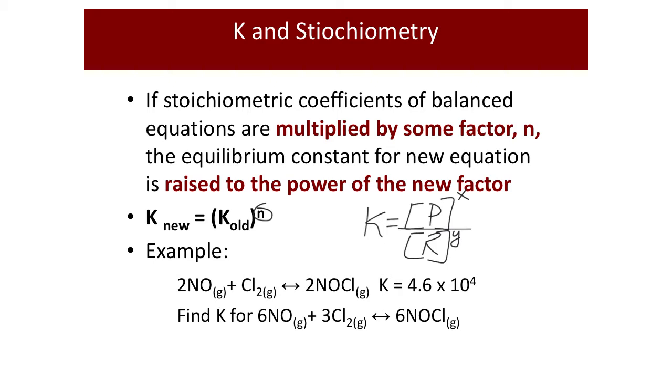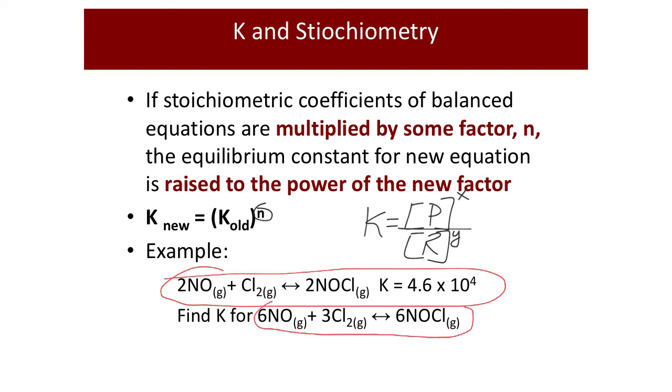So if we take a look at our first example here, we have this reaction and the K value is 4.6 times 10 to the 4th. So what we are doing with our second example is we are tripling the reaction. We are not reversing it. So K will still stay large. The forward reaction will be favored, but we are changing the coefficients.